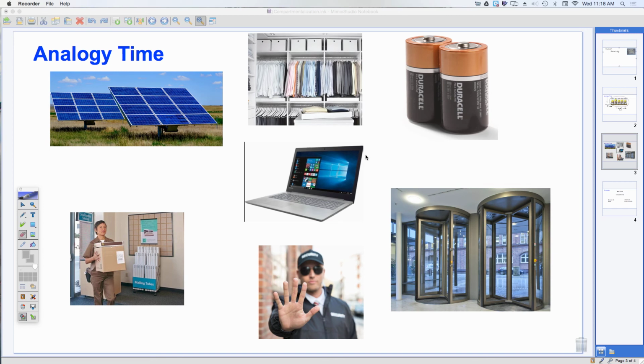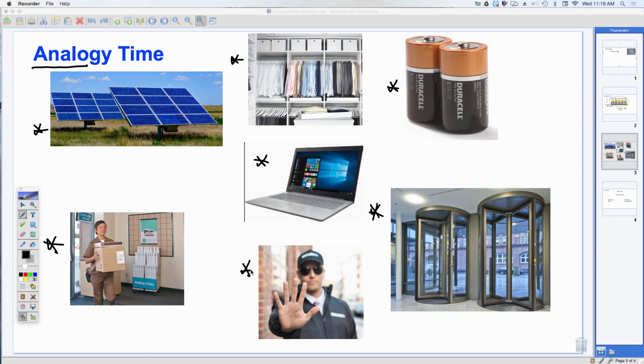Looking at each picture, what is the purpose of each of these things? What are they representing? Because they are analogies. And why would cells need them? And where in the cells might they occur? So why don't you hit pause for a moment and go ahead and do that.